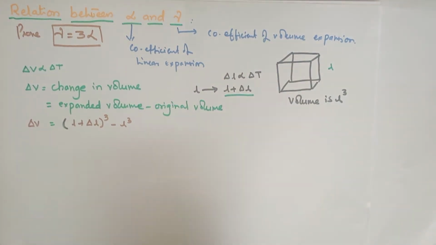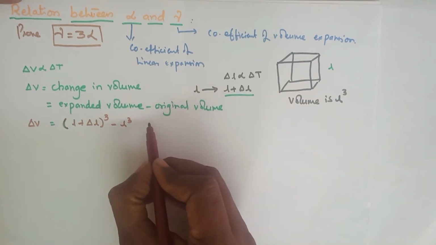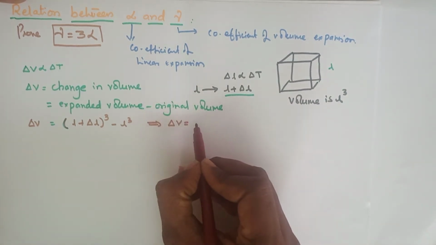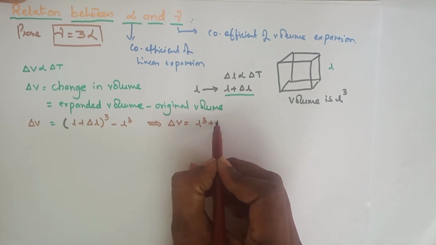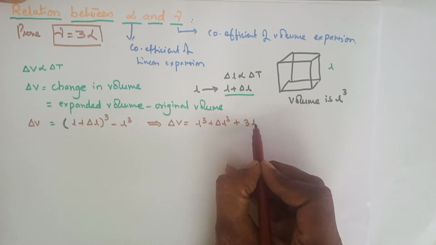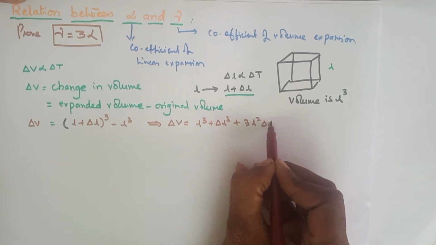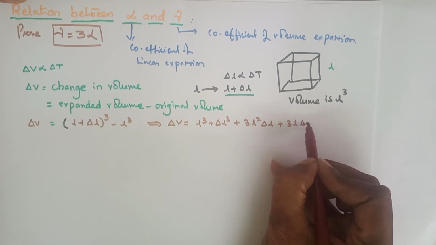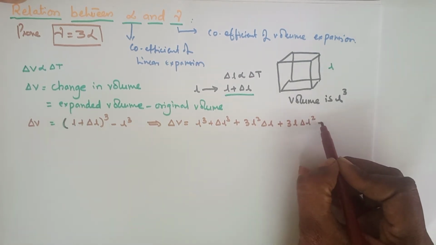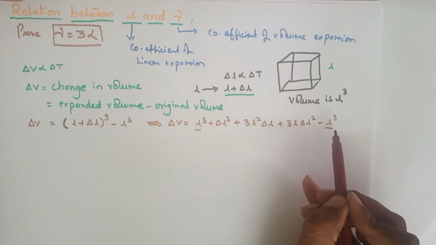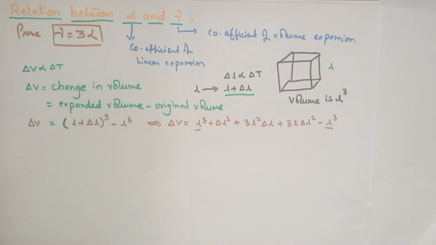Now expanding, you will get delta V equal to A cube plus B cube plus 3A square B plus 3AB square, minus L cube. L cube gets cancelled.